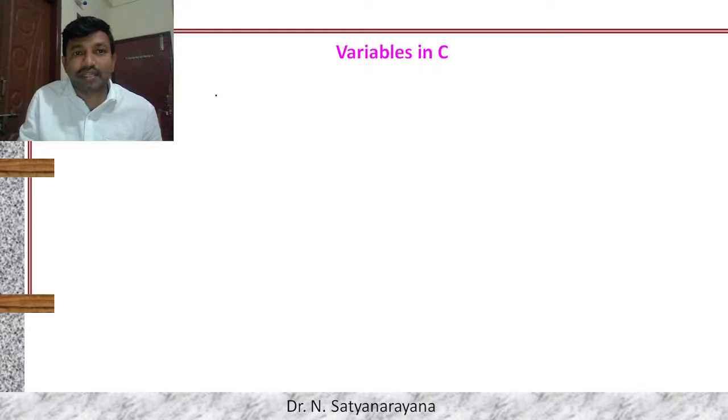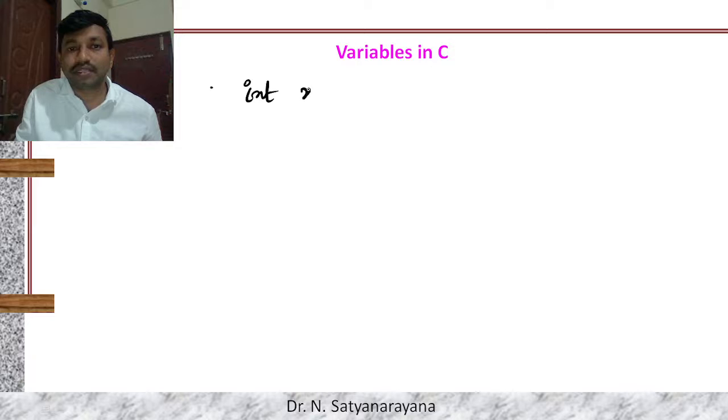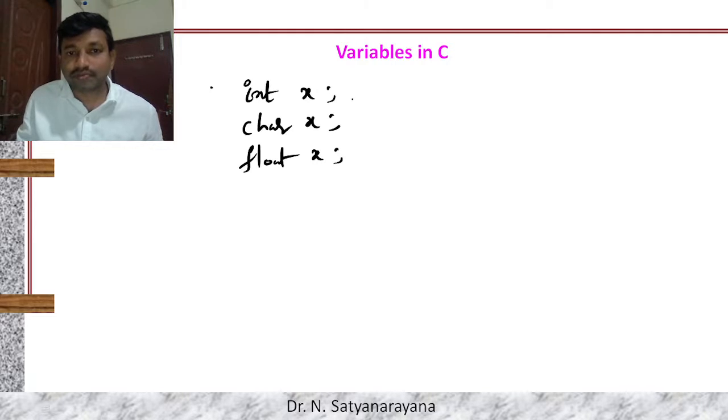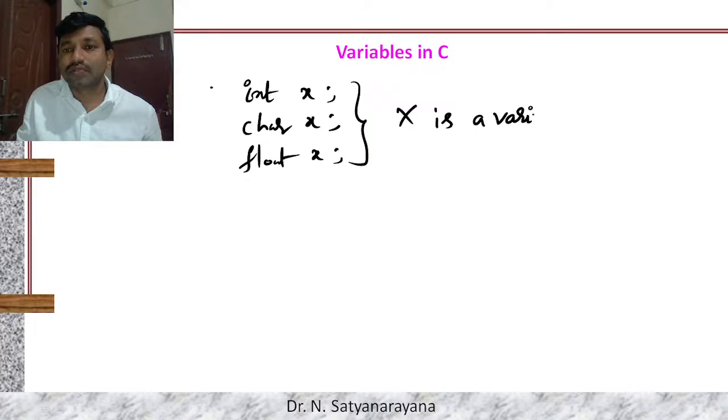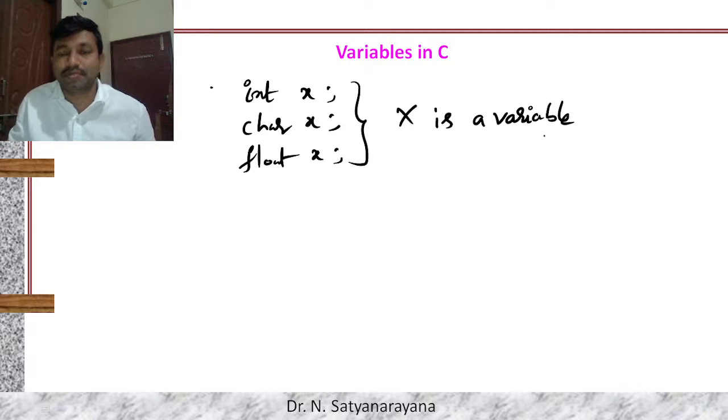Then what is a variable, in fact? Let me tell you. Variables: int x, or it could be char x or float x. So we say x is a variable. What does it mean that x is a variable? Variables are primitive, basic, fundamental elements of any C program.